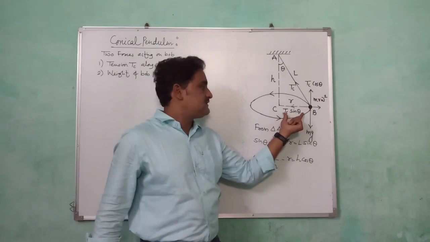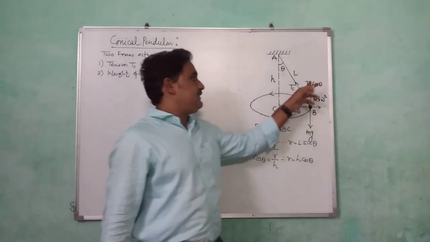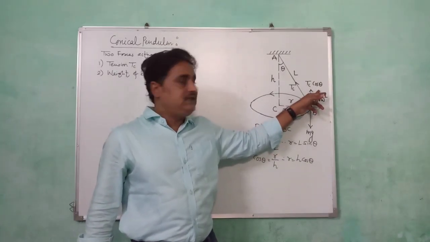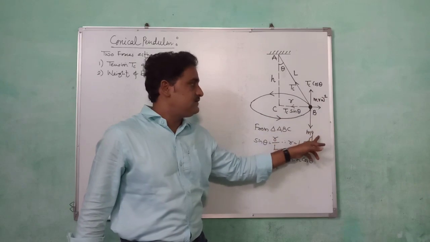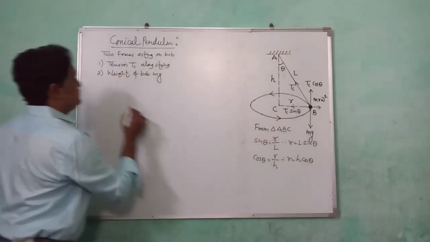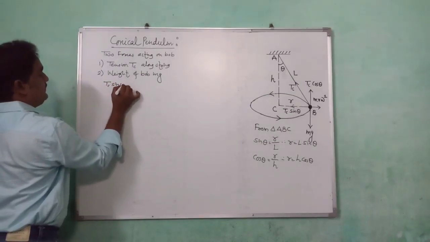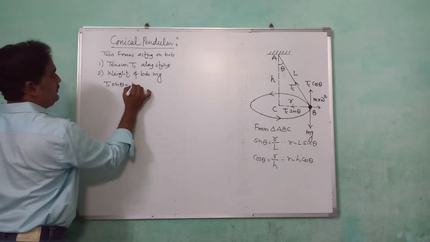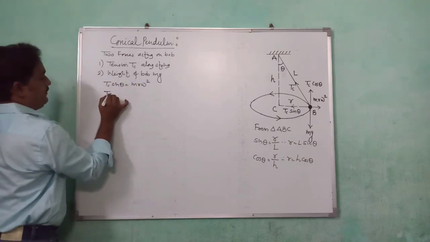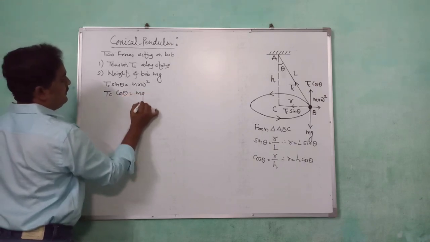So we can write T sin theta is equal to m r omega square, and the vertical component of the tension T is T cos theta, which is balanced by the weight mg. So we can write T sin theta is equal to m r omega square, and T cos theta is equal to mg.